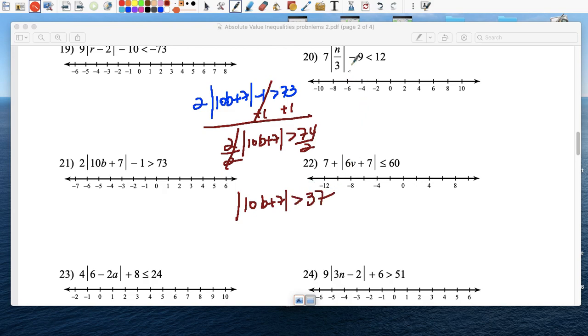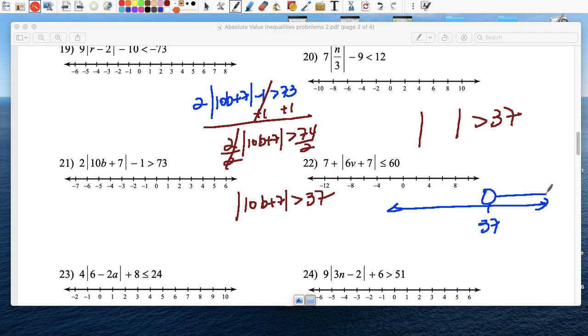All right, so let's start thinking about this. When is the absolute value of something greater than 37? Well, under 2 conditions. One is that if you take the absolute value of a number greater than 37, that's going to be true. Or you take the absolute value of something that's less than negative 37, it's going to be true.